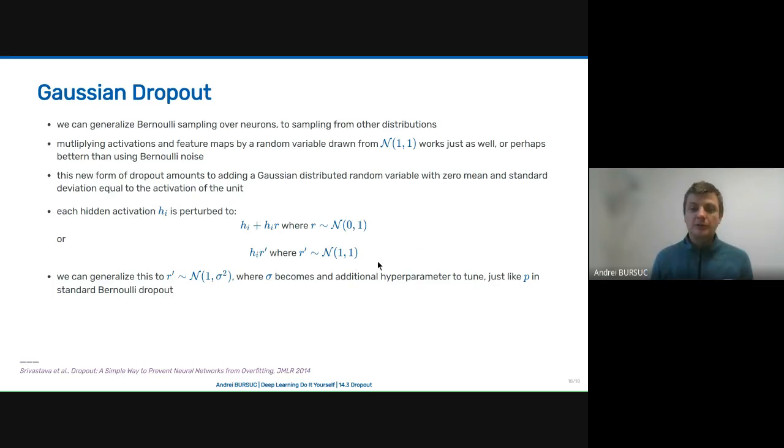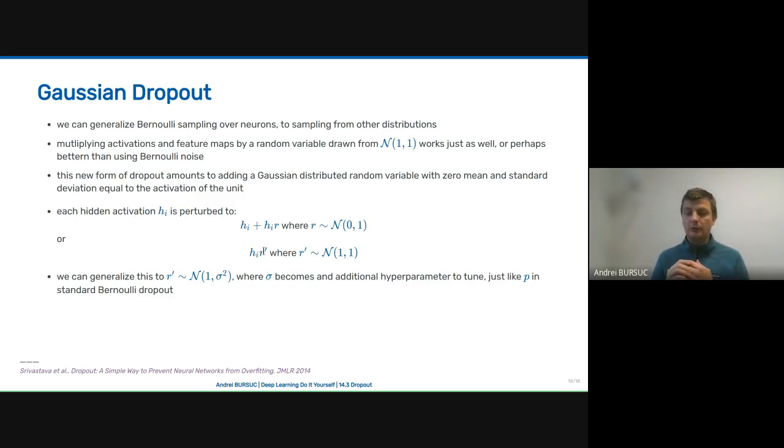We sample from a distribution centered on 1, and in this case we consider it as multiplicative noise on the feature maps.